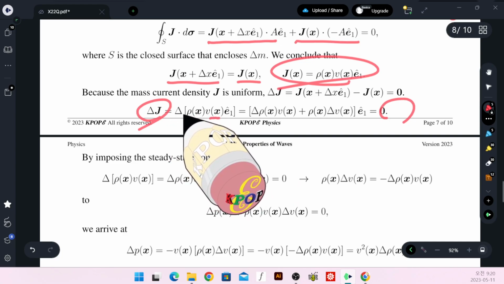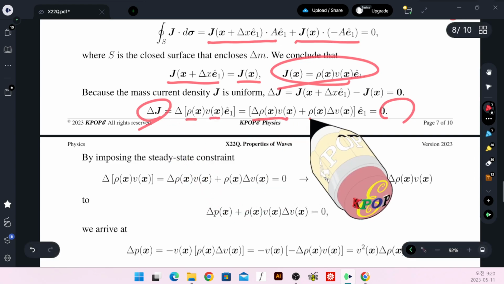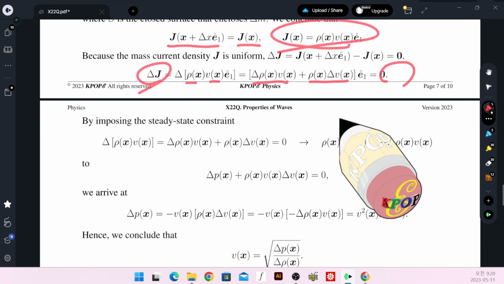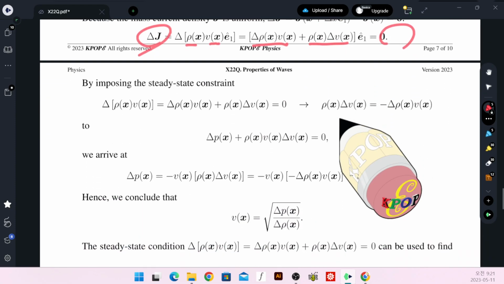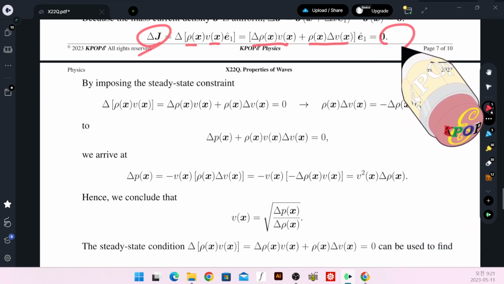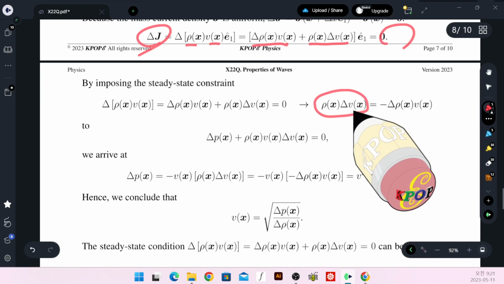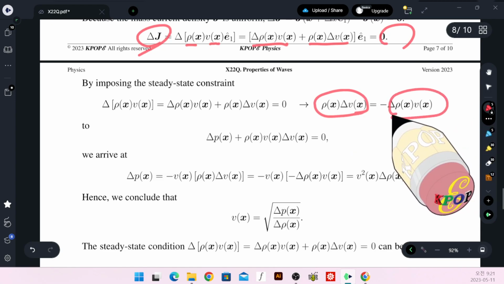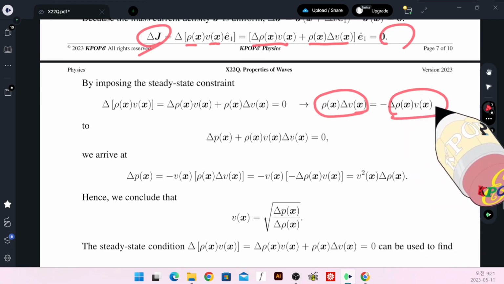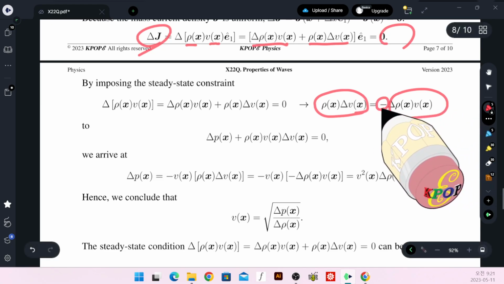The differential, using the Leibniz rule. All right, because the sum is 0, we have this condition. Rho delta V and V delta rho are the same in magnitude but opposite in direction.